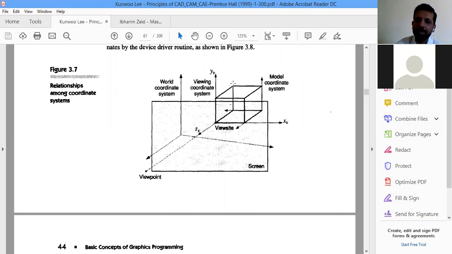One of the projection methods is the orthographic projection, and the other one is the perspective projection. So it has to follow either one of them. Depending upon the inputs and how it has to be displayed, it is going to suitably adjust or convert the data into orthographic projection or into perspective projection.